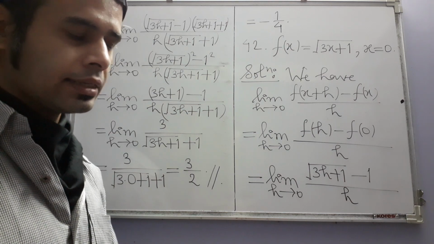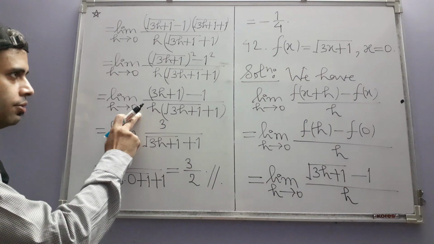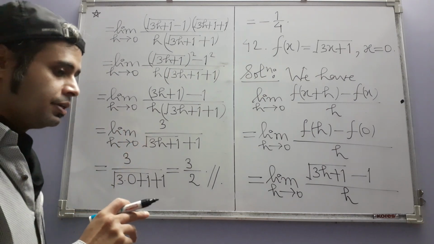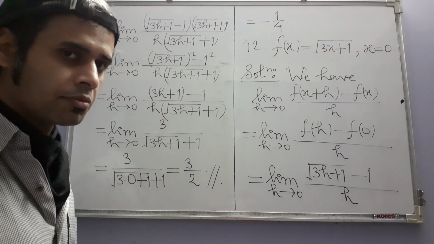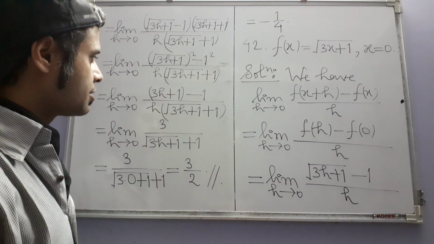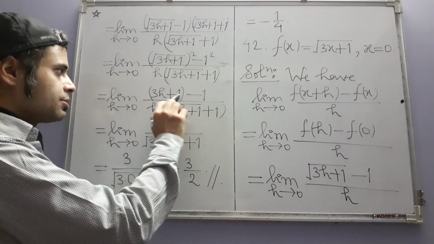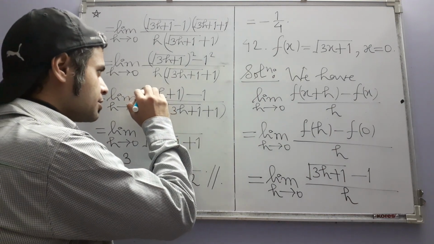Not necessarily, I think, because h is approaching 0. But if h is negative, then what will happen? If h is negative, is it guaranteed that this will be non-negative? You think about this part, okay?